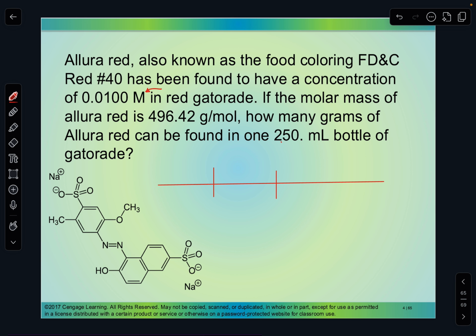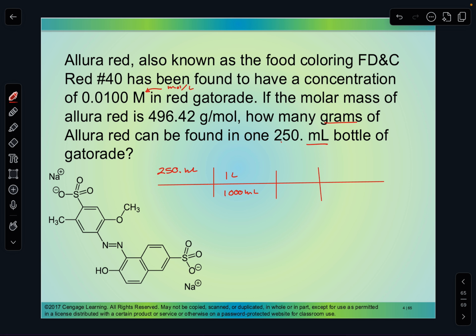250 is the only one that is not a conversion factor, so that's what we'll start with. 250 milliliters, there's 1,000 milliliters in 1 liter, and we need to convert to liters because molarity is moles divided by liters. And we want to find out how many grams there are, so that's where we're going to end up. The next step is we're going to use the molarity.